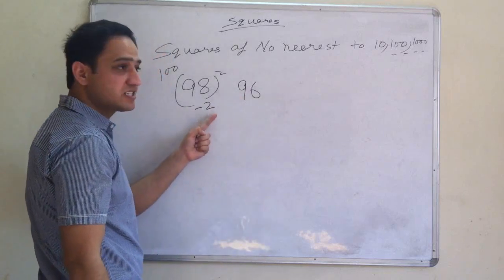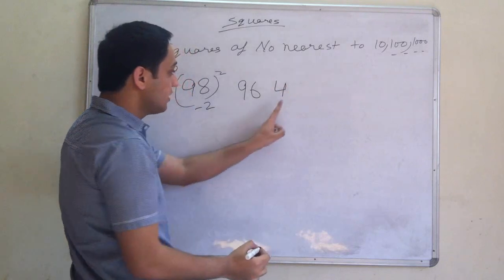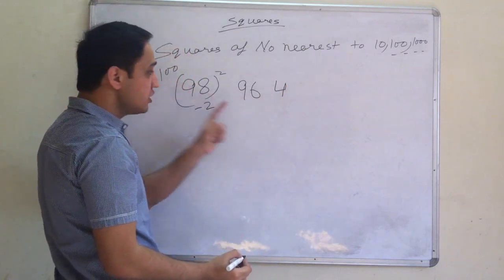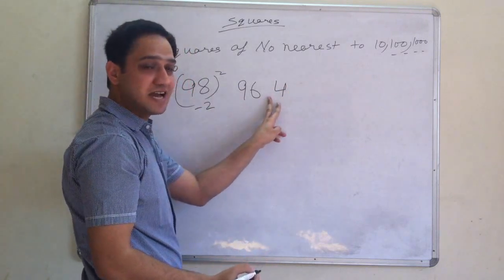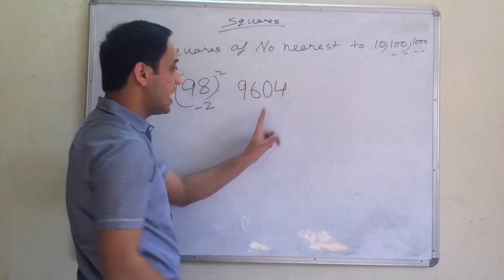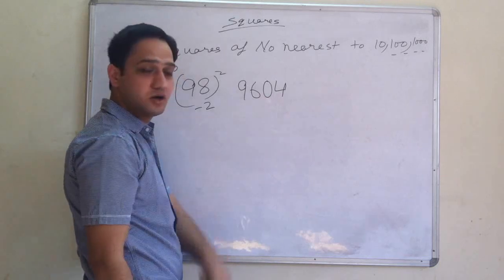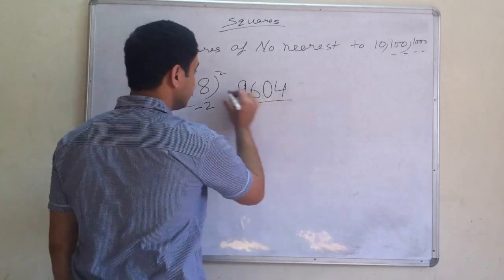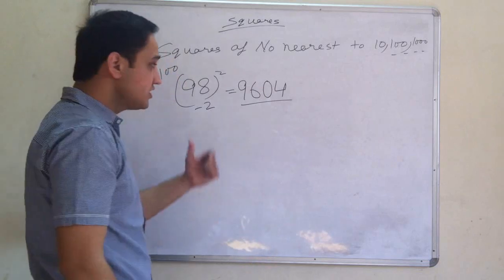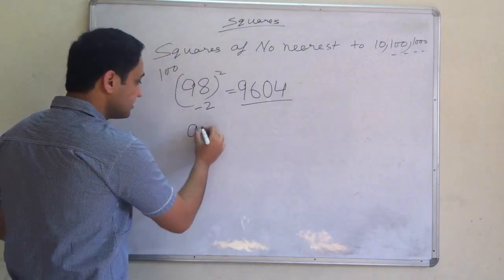And lastly, the square of 2, which is 4. But I have taken 100 as a base, so I'll take 2 digits at the end. So there is no digit, so I'll take 0 here. So the answer is 9604. So this is your answer. So let's see, I have to find the square of another number like 97.